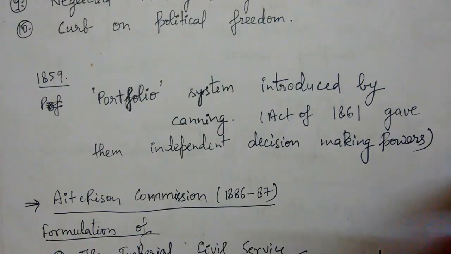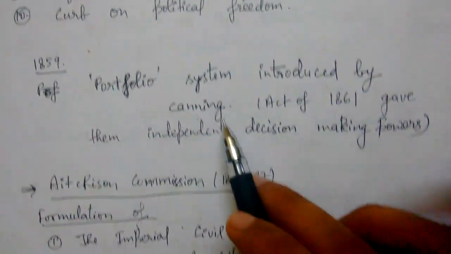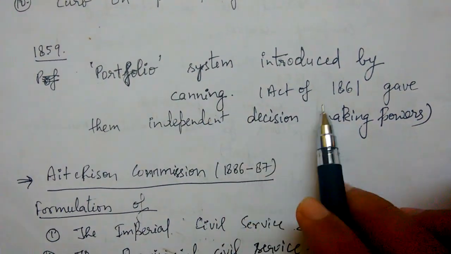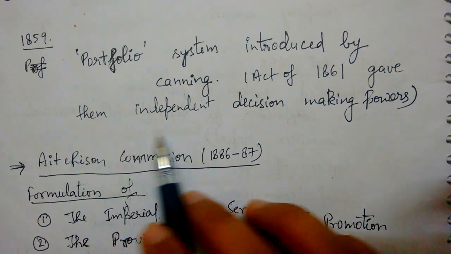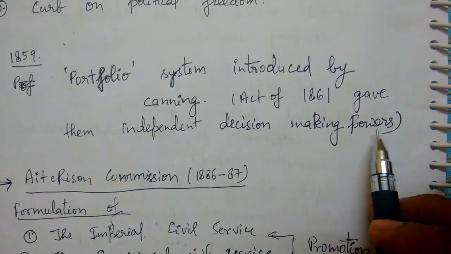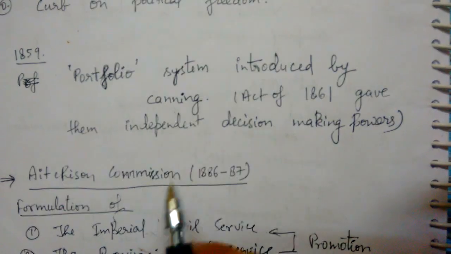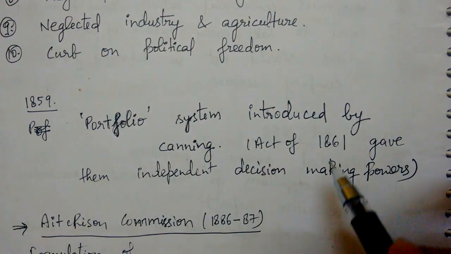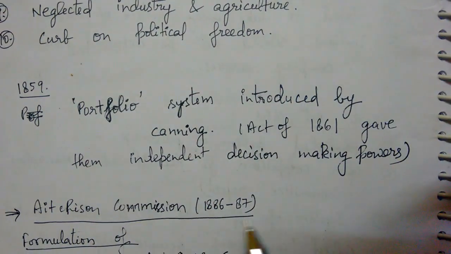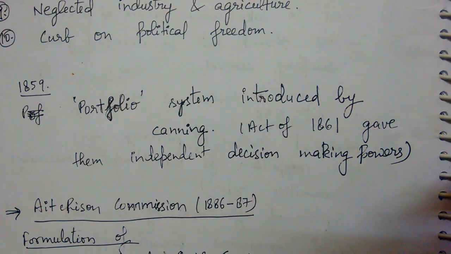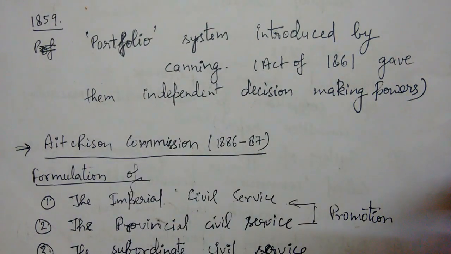In 1859 the portfolio system was introduced by Canning, and the Act of 1861 gave them independent decision making powers. So the portfolio system is the main feature which started in 1861, and which later culminated in ministry formation.